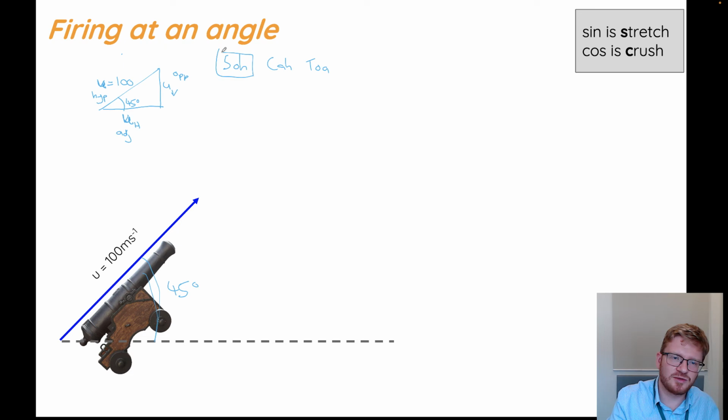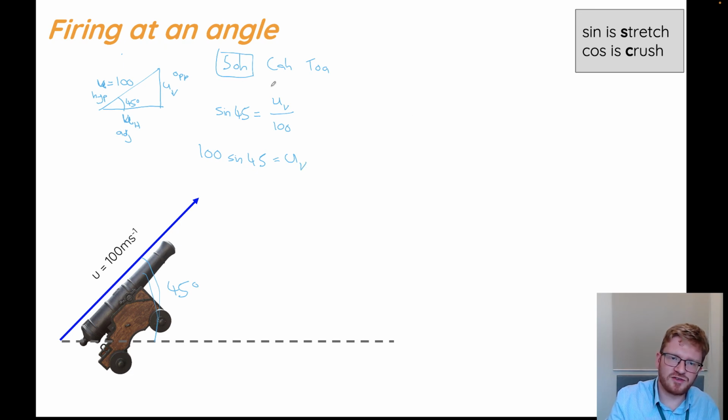That means I'm looking at sine. So from SOHCAHTOA, sine of my angle, which in this case is 45 degrees, is equal to the opposite, which is UV, over the hypotenuse, which is 100. So that becomes 100 sin 45 is equal to UV.